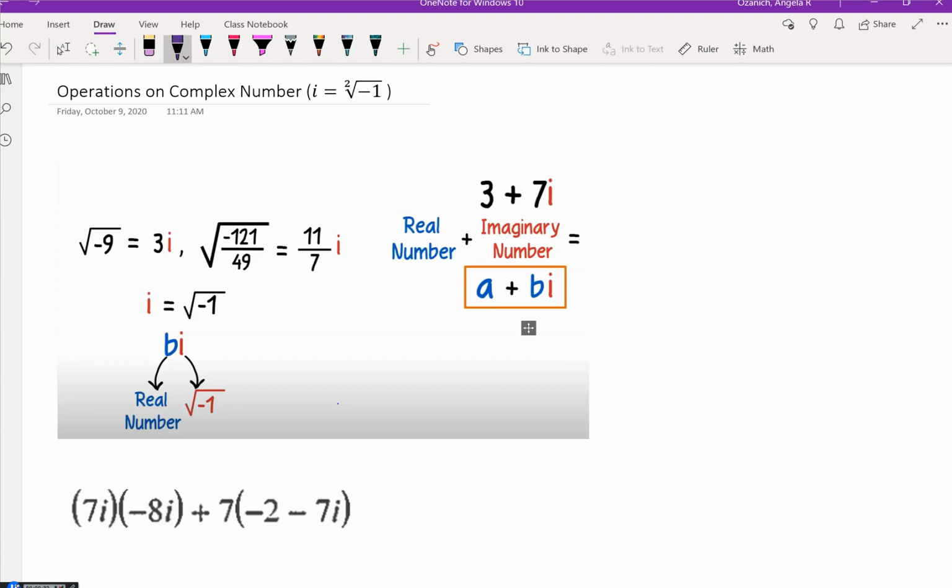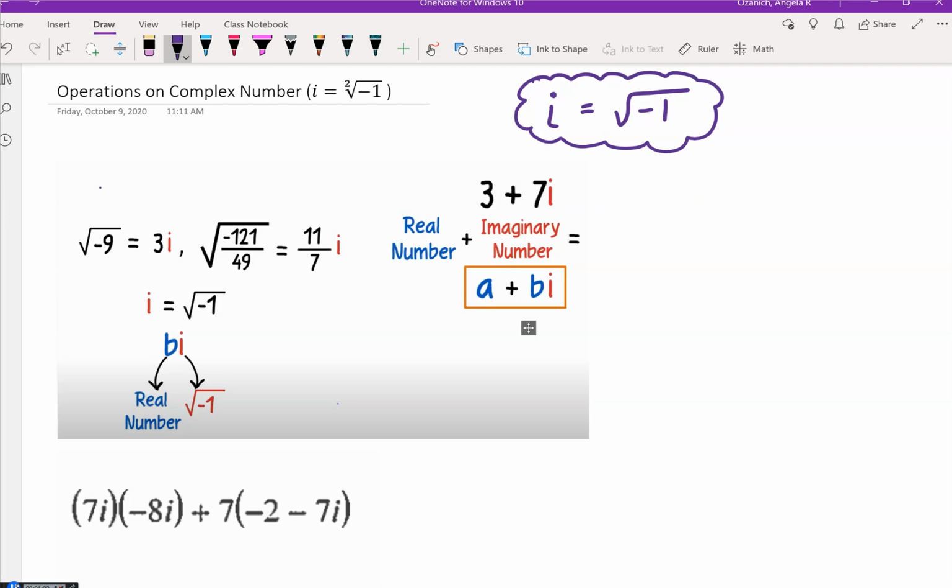Okay, so first of all, we need to have an understanding of the fact that we're using the letter i, a lowercase i, to represent the square root of -1. And so we're going to be working a lot with this imaginary value, and we're going to be doing some work with simplifying.